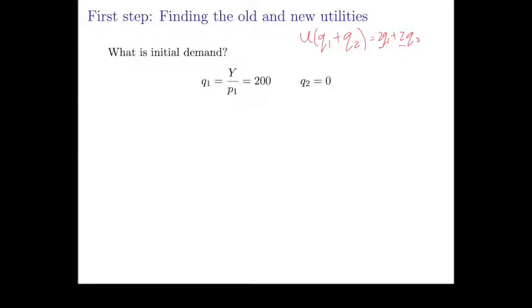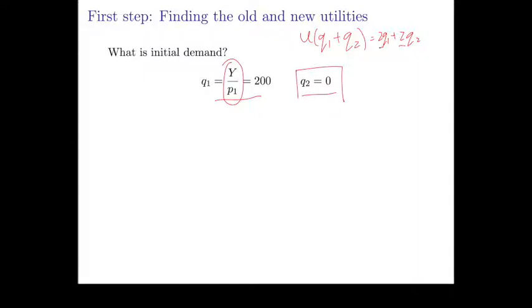Before the price change, remember the price of good 1 was 1 and the price of good 2 was 2. Since the price of good 1 is less than the price of good 2, he's going to consume only good 1 and none of good 2. So the quantity of good 2 that the consumer consumes is 0. They're going to spend all of their income, which is $200, on good 1.